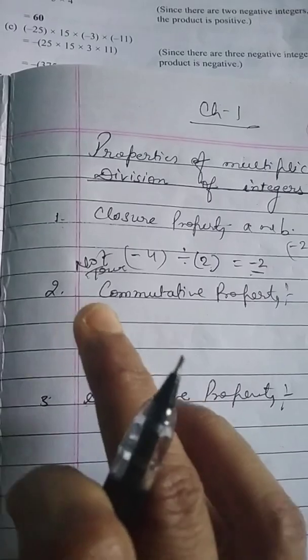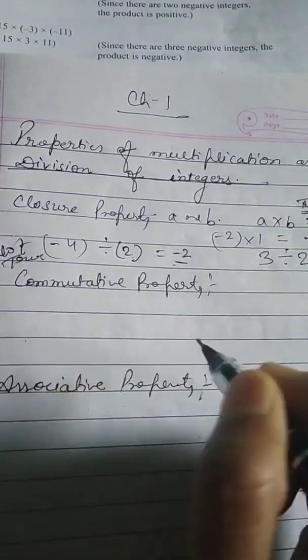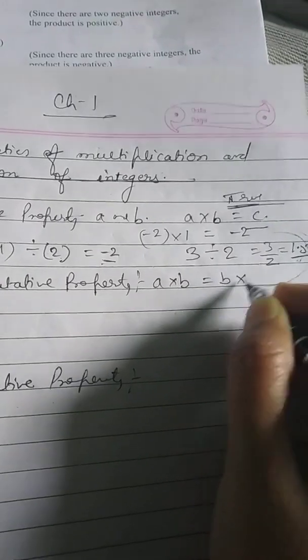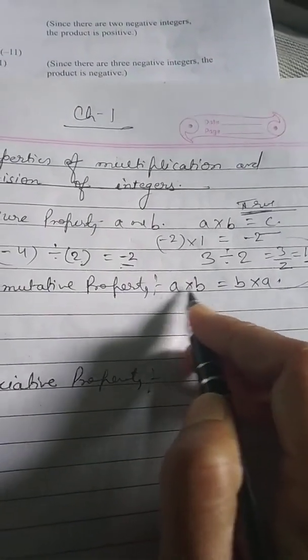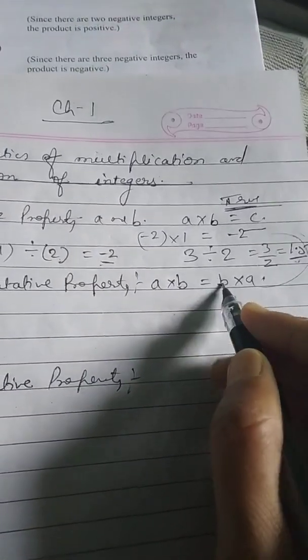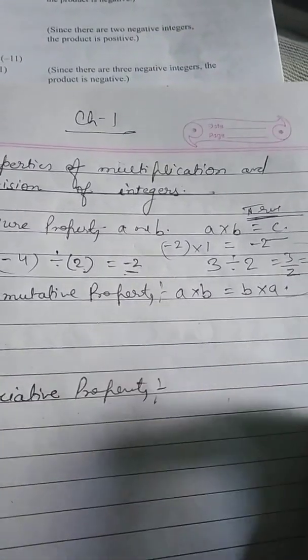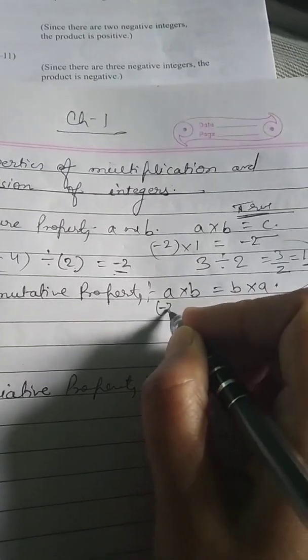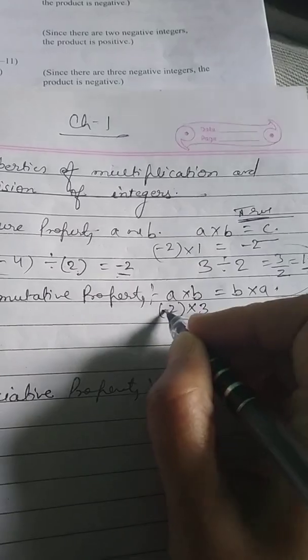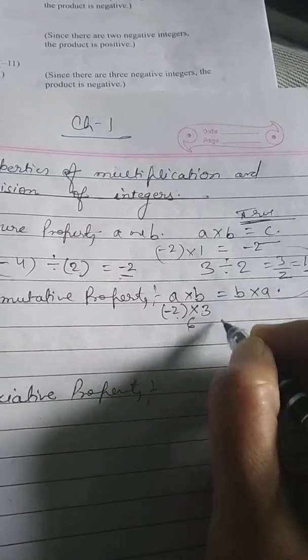Got it? So now commutative property. This property says that a into b will always be equal to b into a. Means two integers are there. If you multiply a and b first, or if you multiply b and a, both values will always be equal. So suppose a is minus 2 and b is 3, then minus 2 into 3 we will get minus 6.